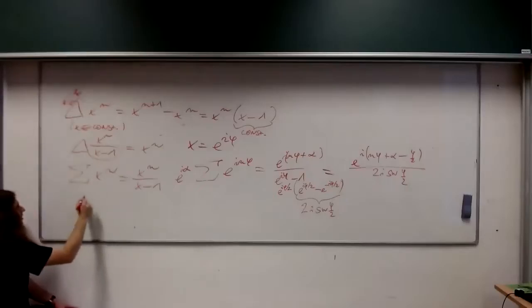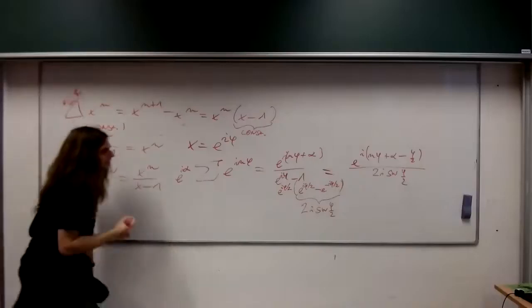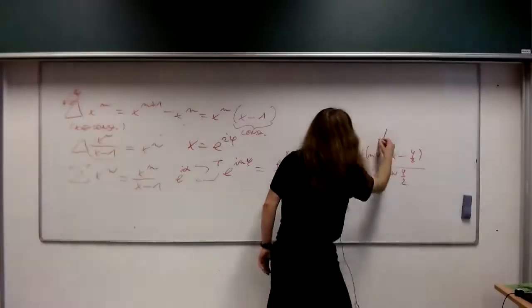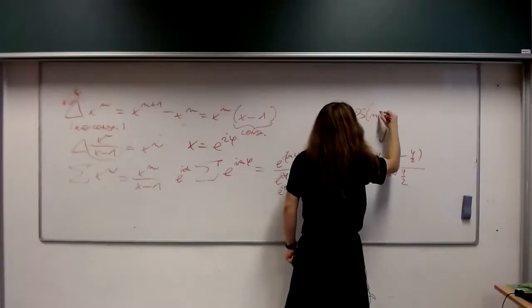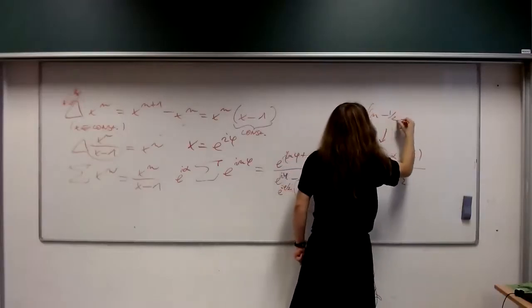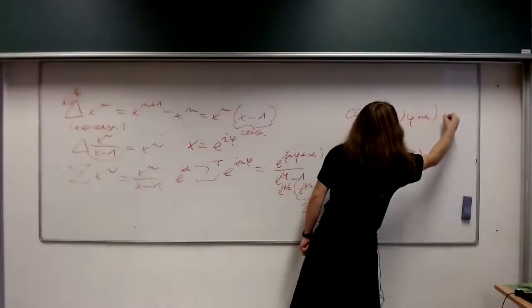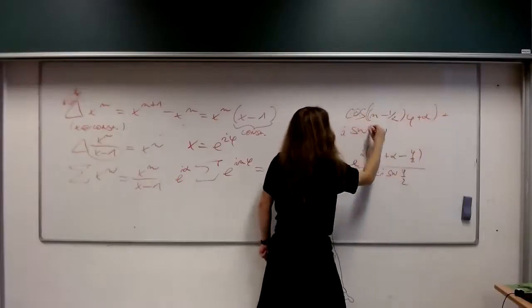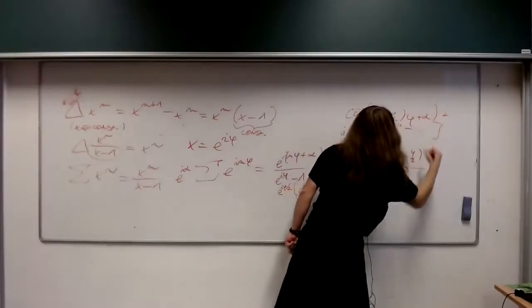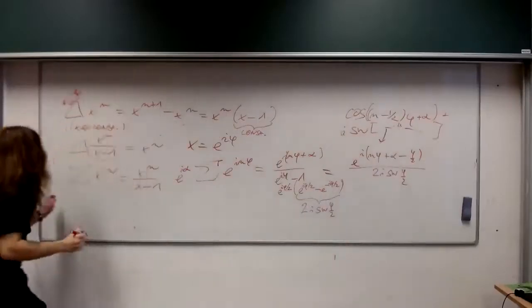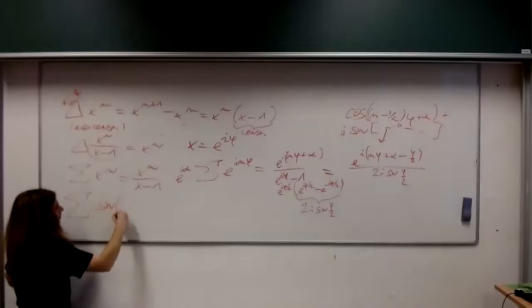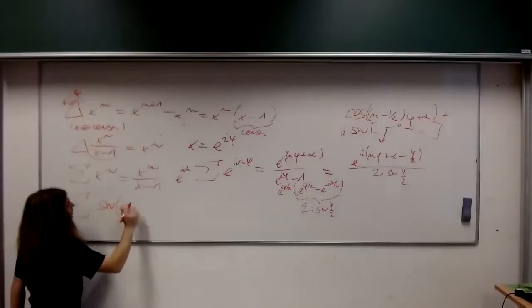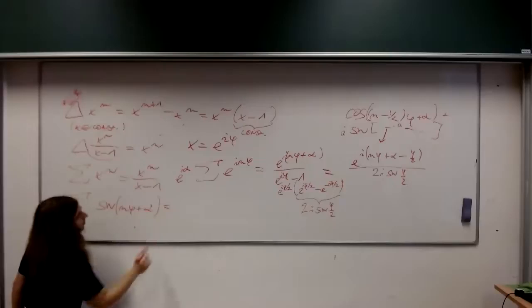So if we just write this as a cosine of n minus 1/2 phi plus alpha plus i sine of the same thing, then we can sum a sine of such a thing.